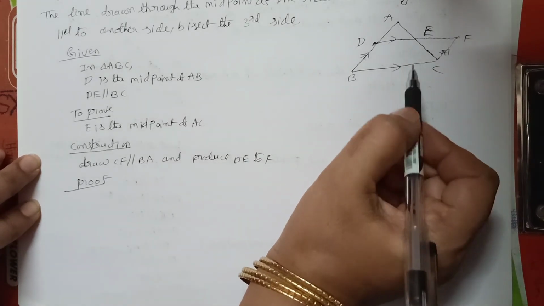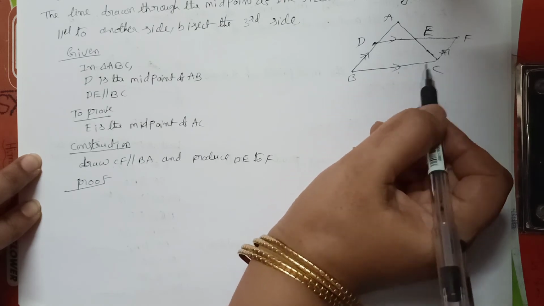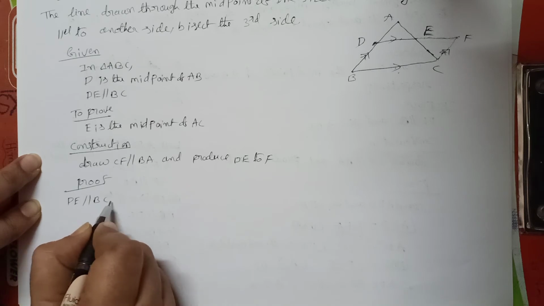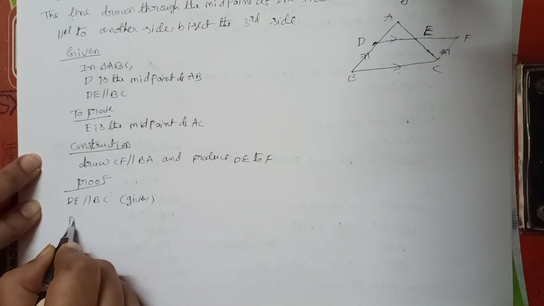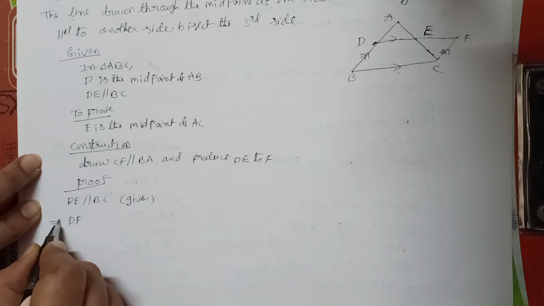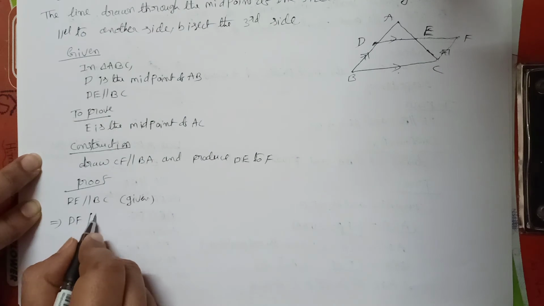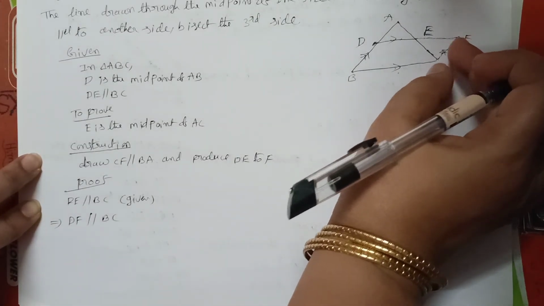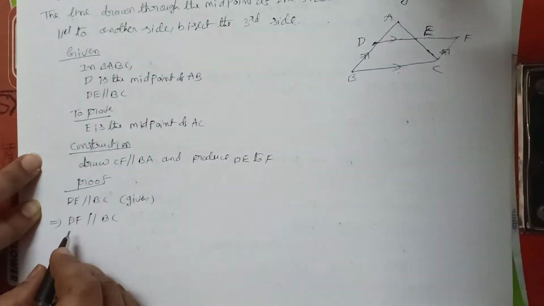Here DE parallel to BC is given. DE parallel to BC means DF parallel to BC. Next, from construction, CF parallel to BA, which means CF parallel to BD also.